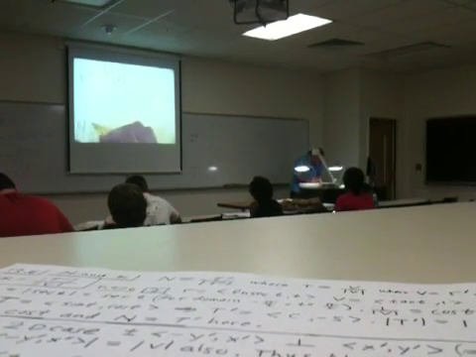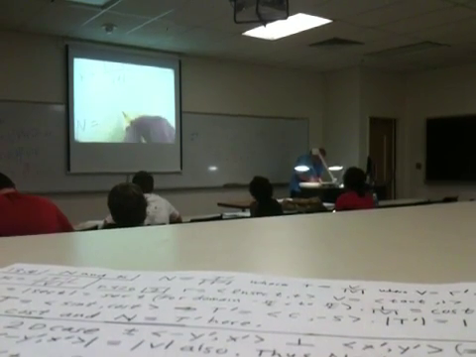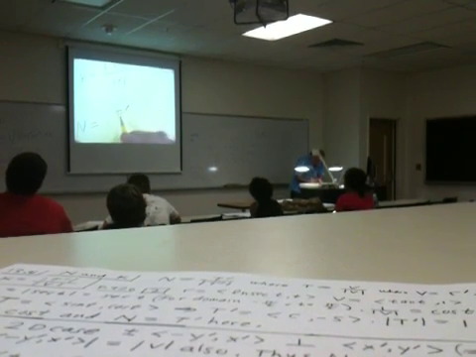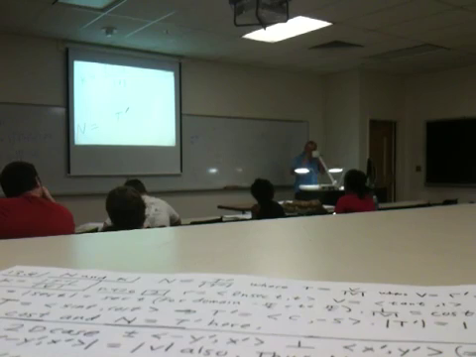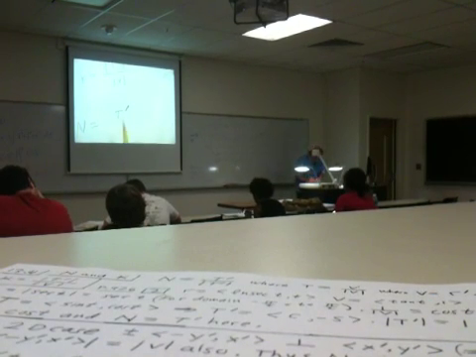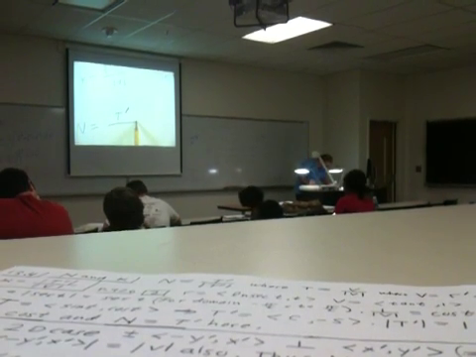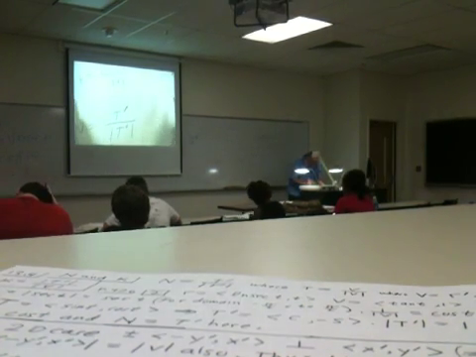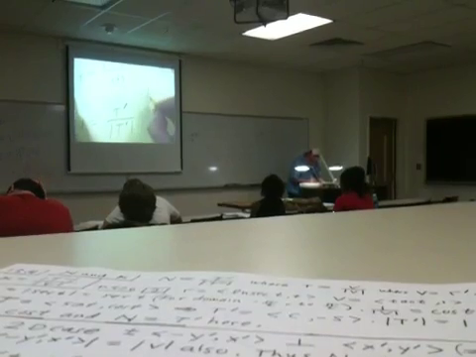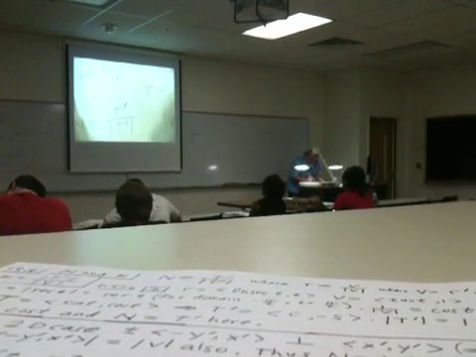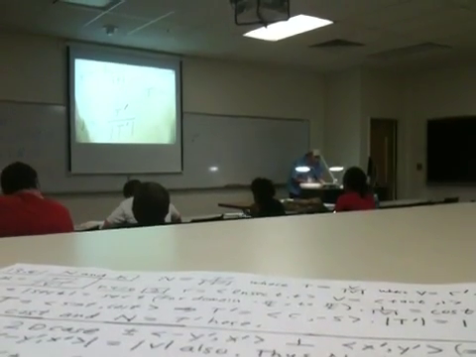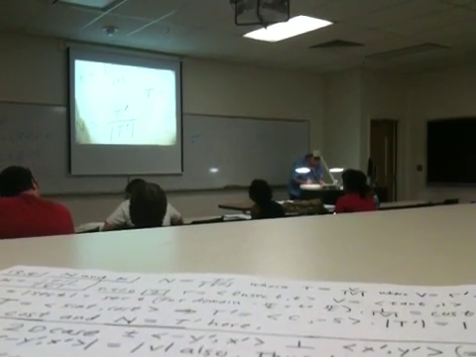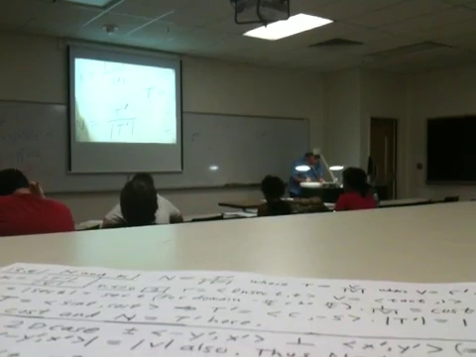So to calculate N, it will be T prime. Prime means with respect to little t. And we're going to divide that by the magnitude of T prime. Remember we had the unit tangent was v divided by magnitude of v, which is the same as r prime divided by magnitude of r prime.